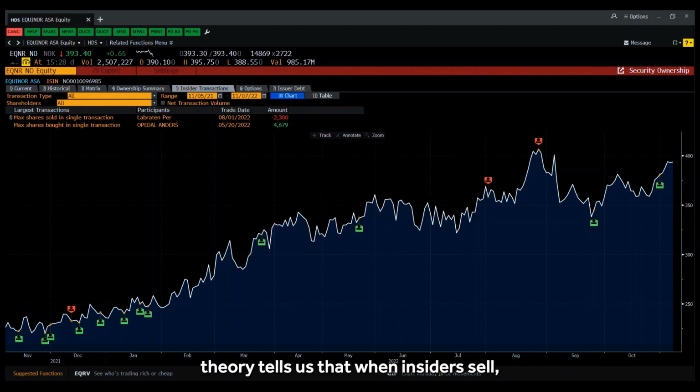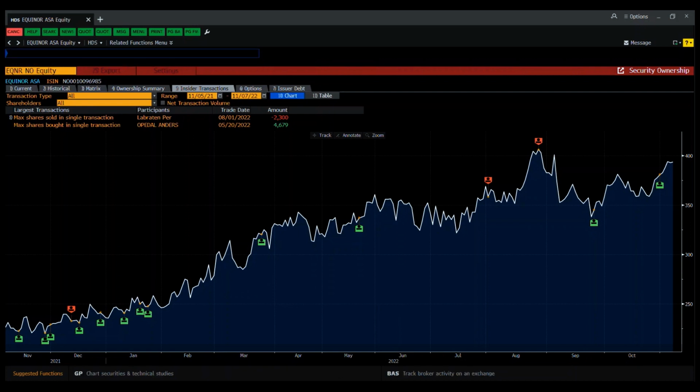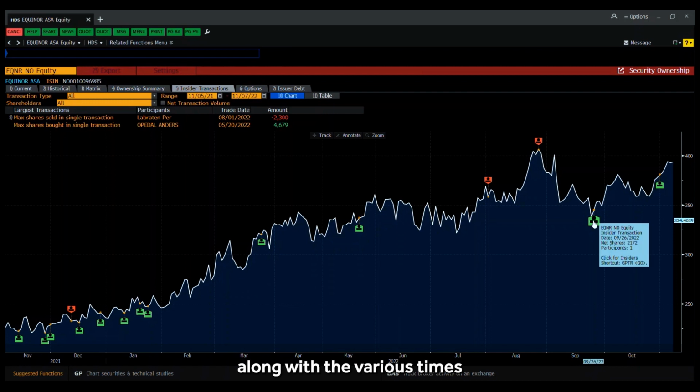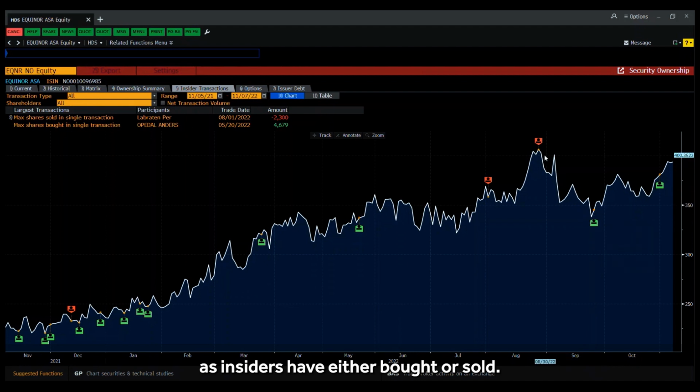Also, agency theory tells us that when insiders sell, it is a bad sign because they have apparently judged that the shares are now overpriced, so that it is a good time to sell.